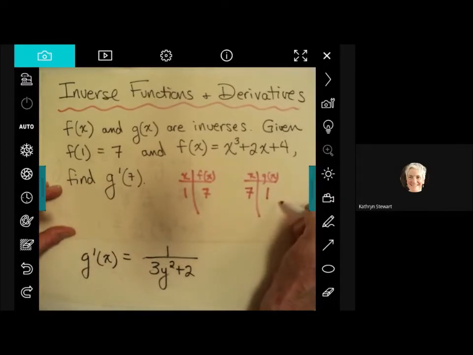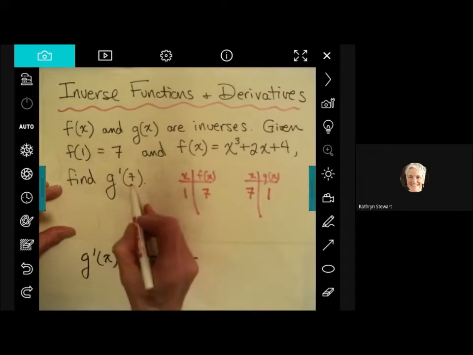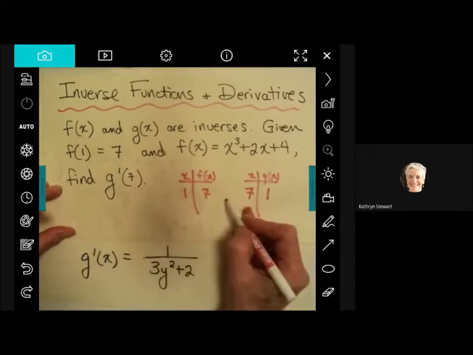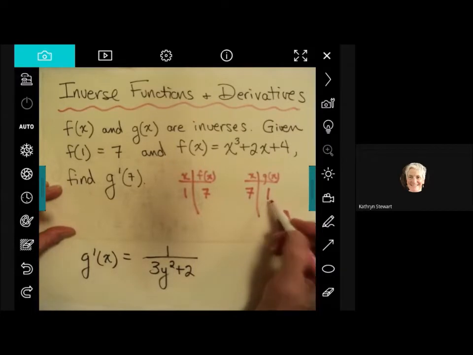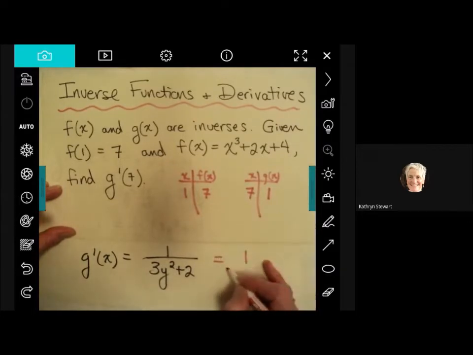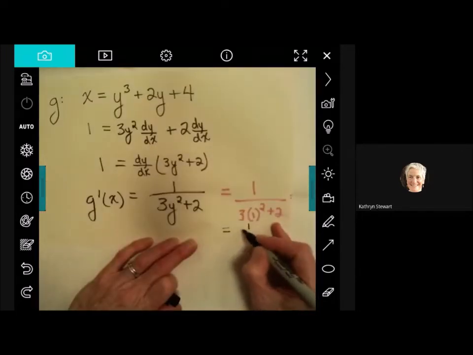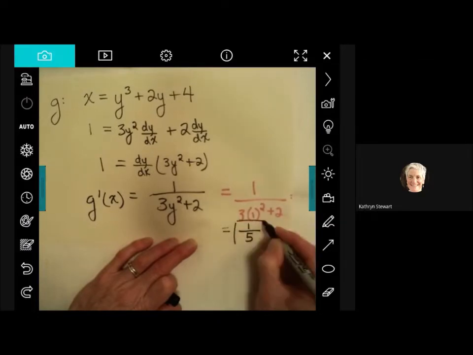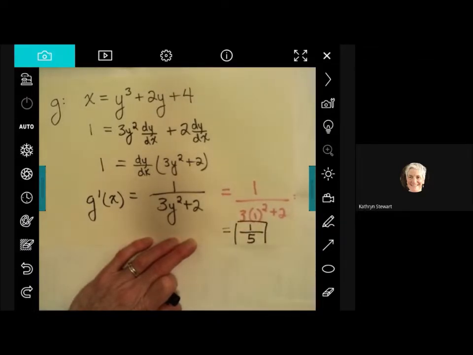How cool is that? So when x is 7, g of x is going to be 1. So I can finish this problem by plugging in a 1 for my y. And this gives me 1 over 3 plus 2, or 1/5. How cool.